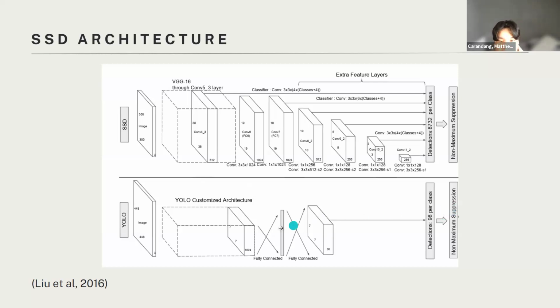As we can see here, this is the backbone of SSD as well, and it takes different features from different layers of the backbone, while the YOLO architecture only takes the feature maps from the final layer of its backbone. So that's basically the difference between SSD and the YOLO architecture.